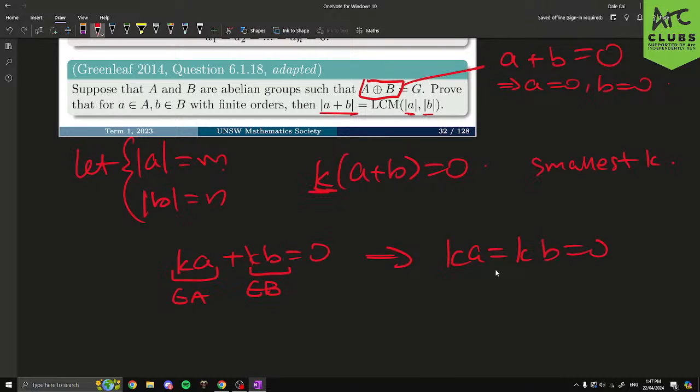Okay, but if a has order m, then that means that k has to be a multiple of m, so m divides k. And similarly here, since b has order n, then n has to divide k.